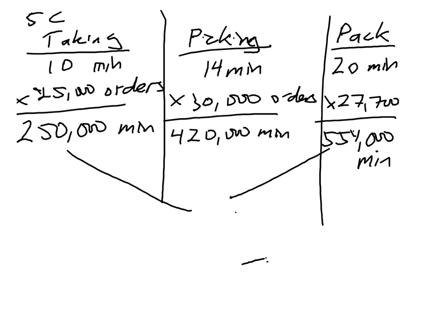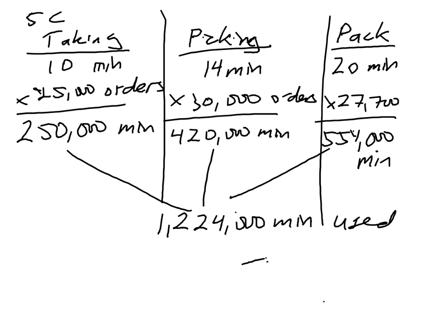So if you add up all these three numbers, 250 plus 420 plus 554, you get 1,224,000 minutes that were used. But the department had a total of 1,530,000 minutes, if you recall from the previous part of the question.